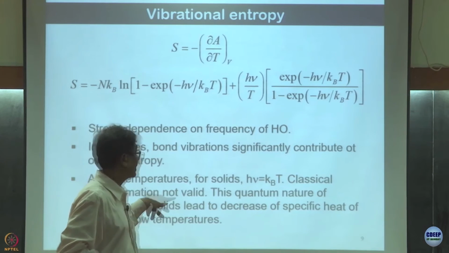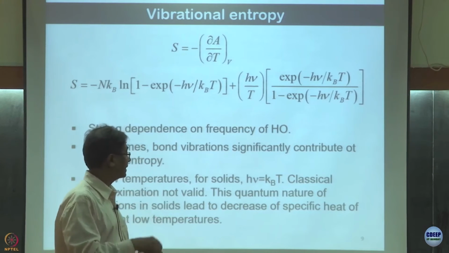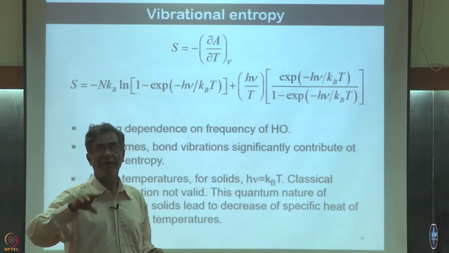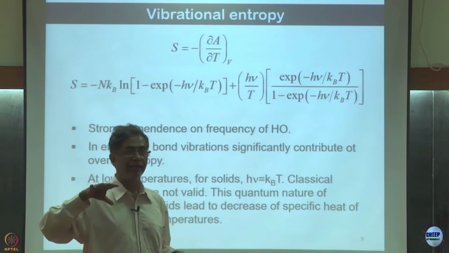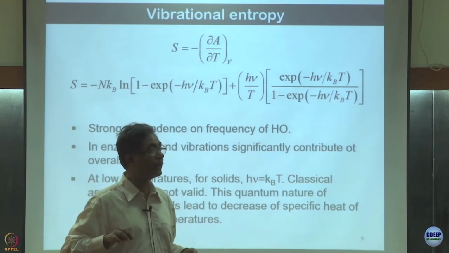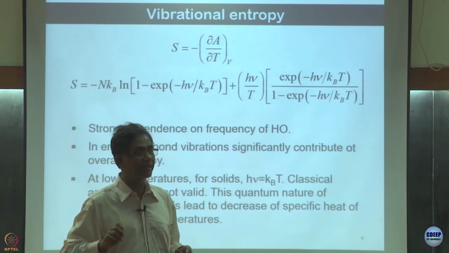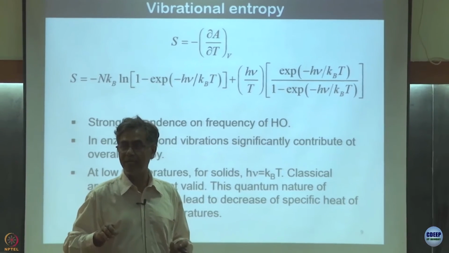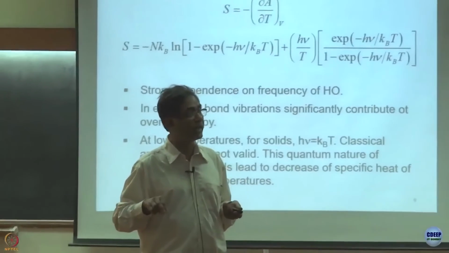But what Einstein tried to explain is that at high temperature it goes to the Dulong-Petit law, 3R, but at low temperature it deviates significantly. That was, among many other things, a signature of quantum mechanics. Einstein did one more signature of quantum mechanics. What is that?